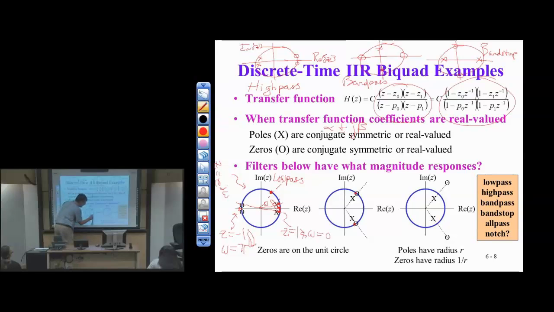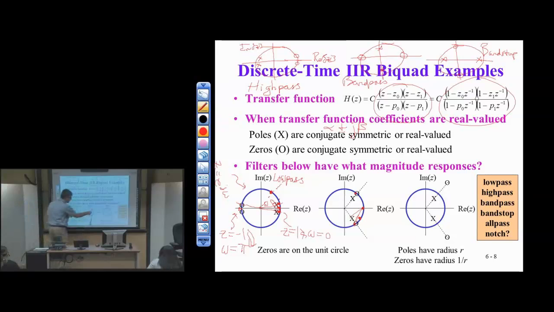But if you look at another point near it, the distance from the 0 and look at the distance to the pole, they're pretty similar. And if you look at this, again, the distance from the point to the 0 and the distance from the point on the unit circle to the pole, pretty similar ratio. In fact, it's a constant.